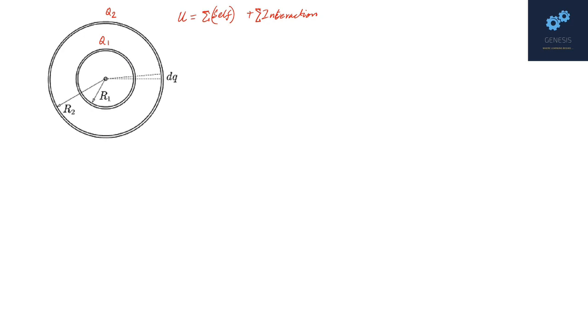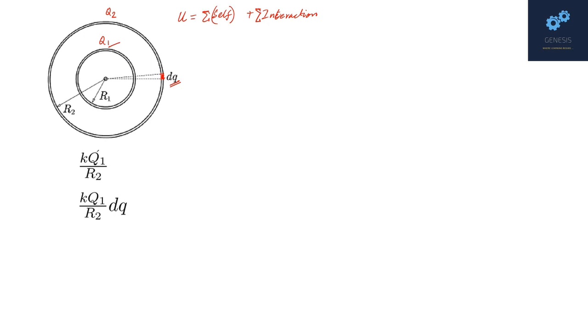Now, to find this interaction energy, we can take a small part dq on the outer shell. This is almost like a point, and the potential due to q1 at such a point will be kq1 by r2. And therefore, the potential energy of the Q1 and dq system will be kq1 by r2 into dq.